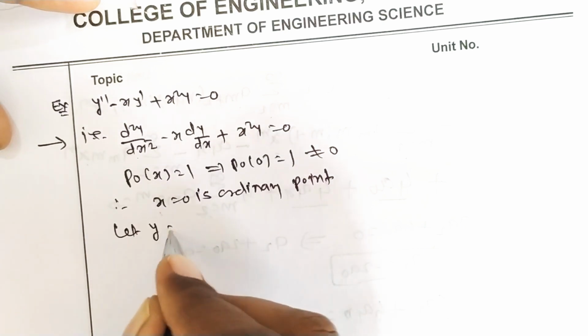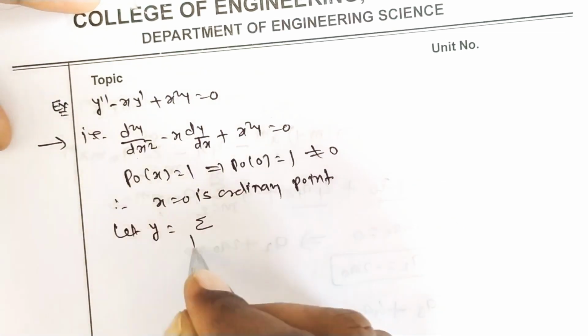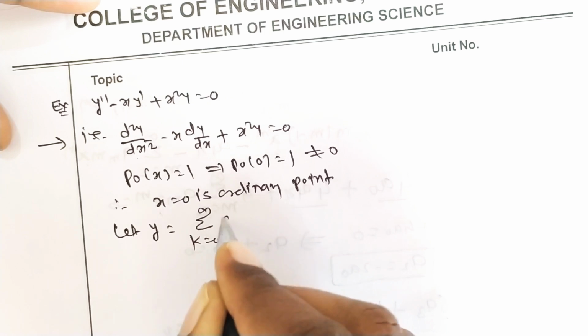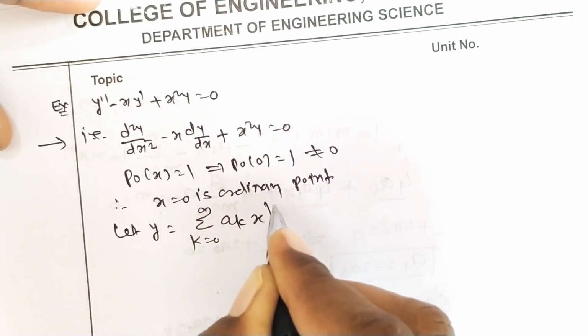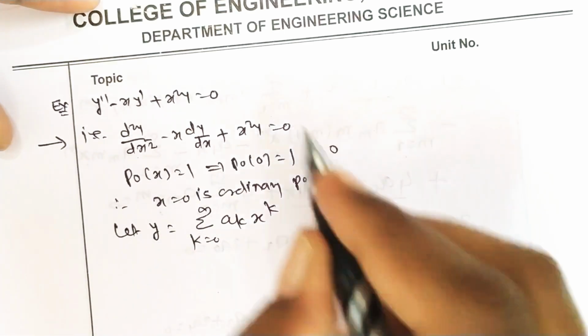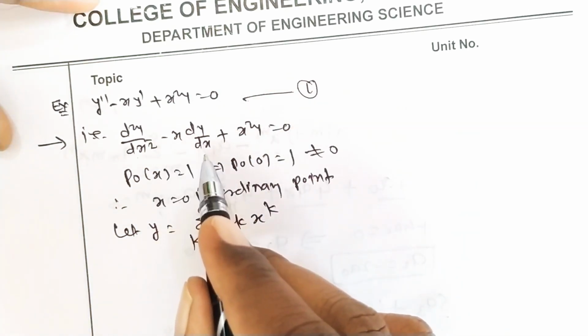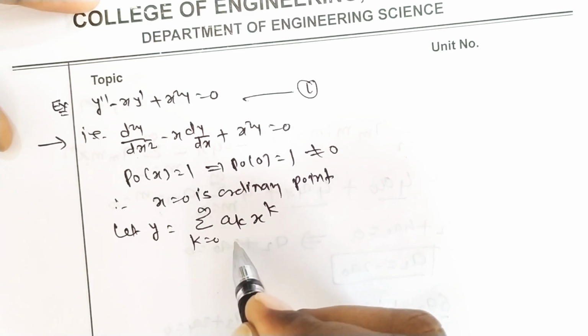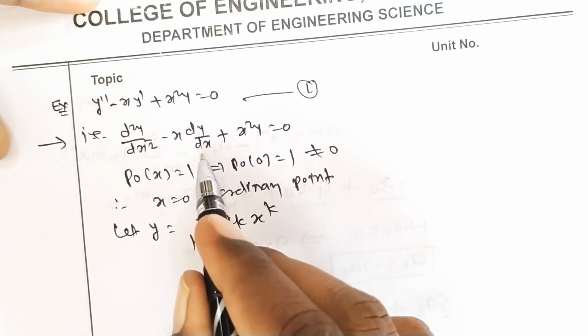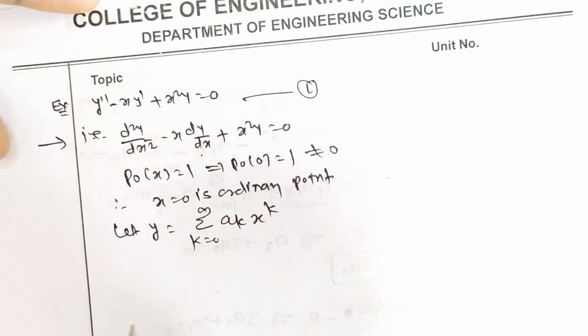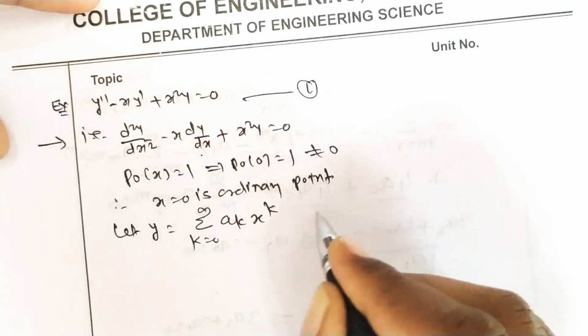Means suppose here y is equal to summation of k varies from 0 to infinity ak x^k be the solution of equation 1. Now for the given differential equation, if we take y equal to this, then we again want dy/dx and d²y/dx². So take the derivative of this.